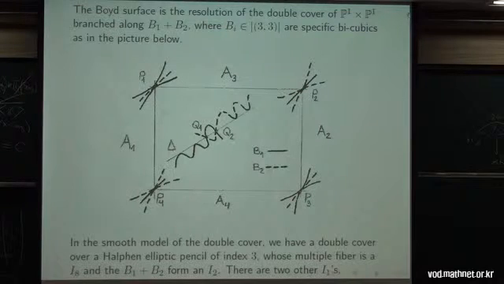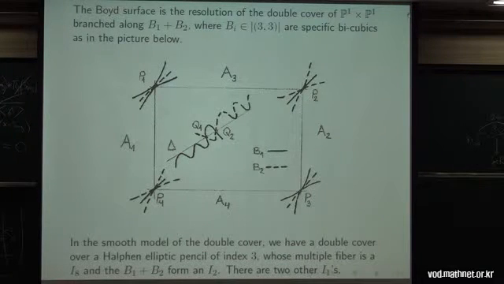So to check what we get in the double cover branched along this B1 plus B2, what we do first is to resolve singularities. So we blow up over these points P1, P2, P3, P4 twice. And it happens that what you get is the following. So these 4 will be the first time that you blow up the points Pi, and then there are these sections for the next.